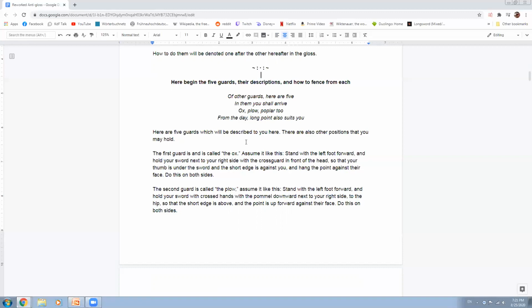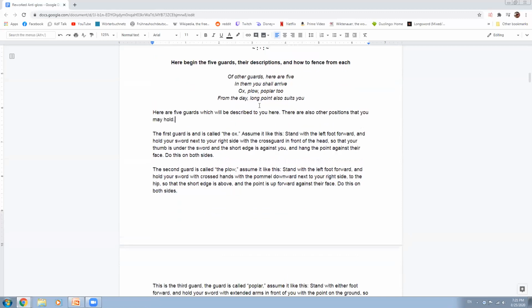So they start with breaking the guards. So basically what we have from the opposite perspective is fencing from the 4 guards, which is kind of a structure that a lot of other texts, including the armored and the mounted texts, take. They give you guards and then they tell you how to fight from each one. So if you look at the opposite of the Zettel, that's kind of what we get.